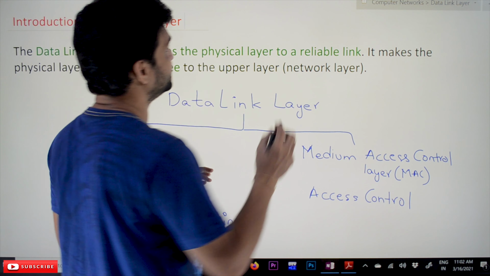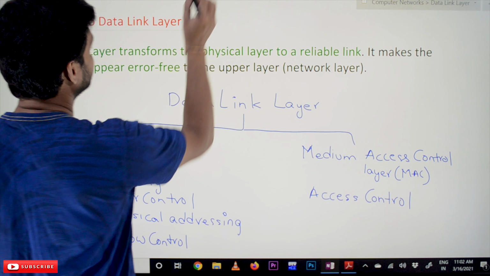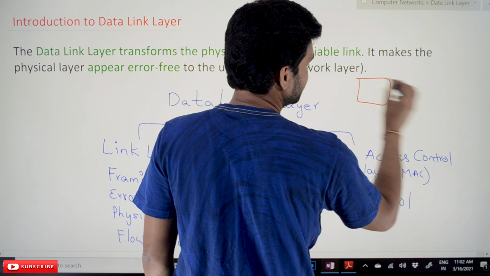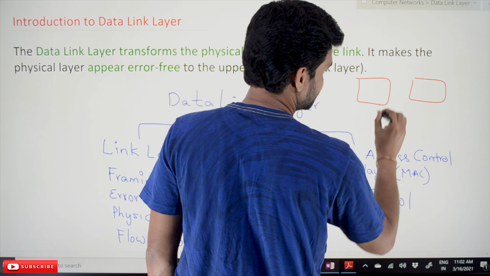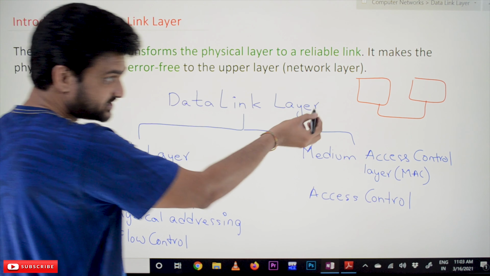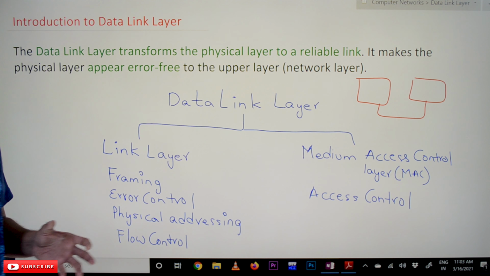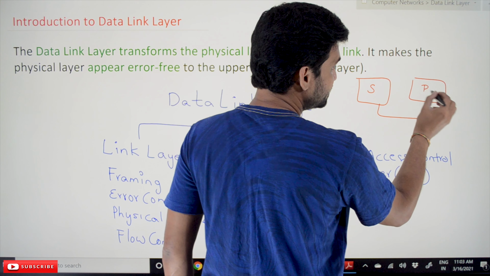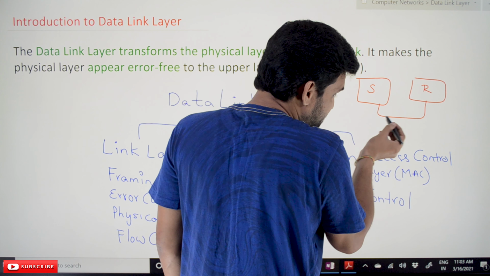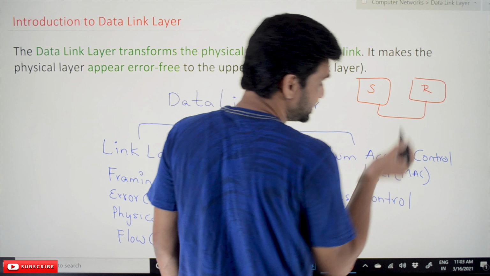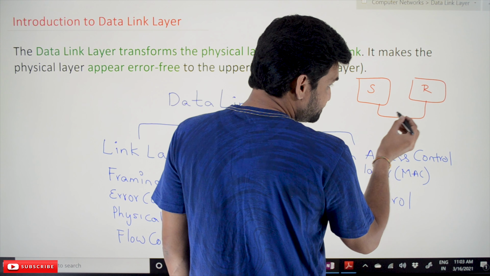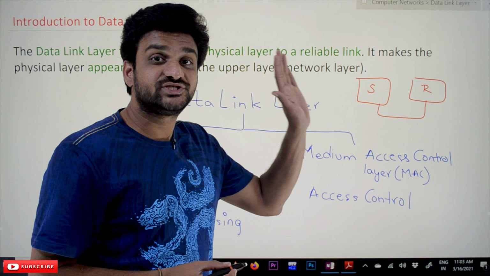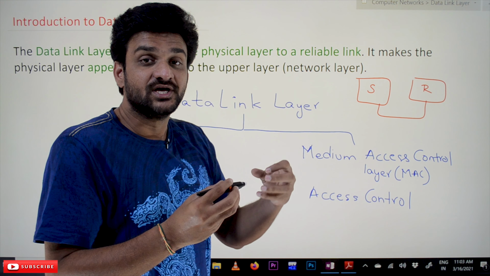Let's try to understand more clearly. For example, if these two systems are directly connected and they are communicating with each other, and this is sender and this is receiver, whenever the data is transmitted, the bits that have been sent have to be checked for errors.